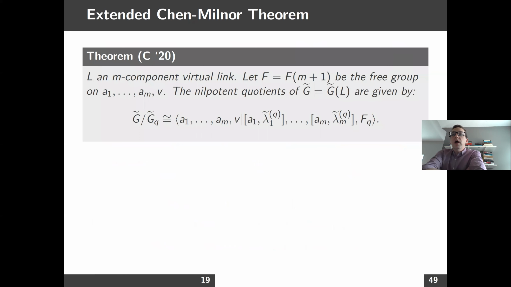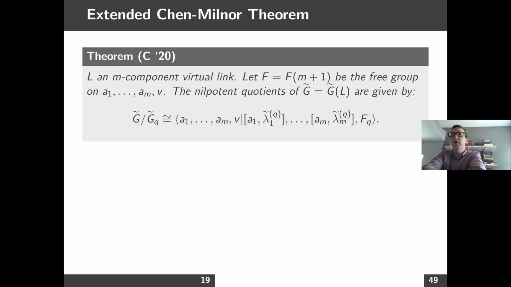Our theorem here is that these extended groups also have a Chen-Milnor type theorem. If you have an M component virtual link, you take F to be the free group on M plus 1 letters, A1 to AM, and V the auxiliary variable.